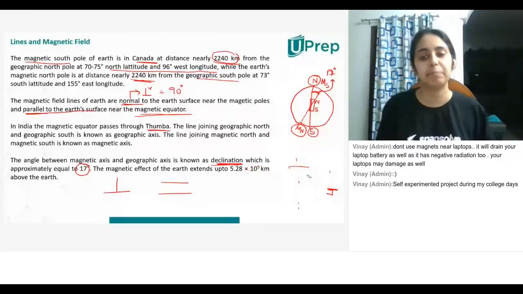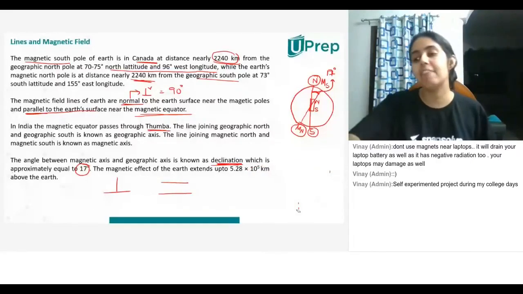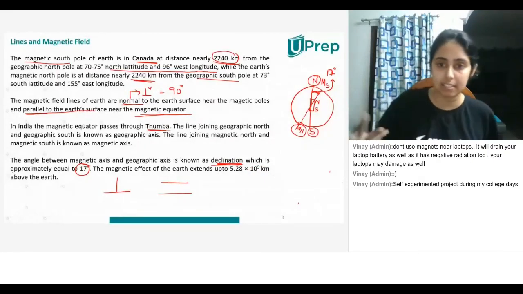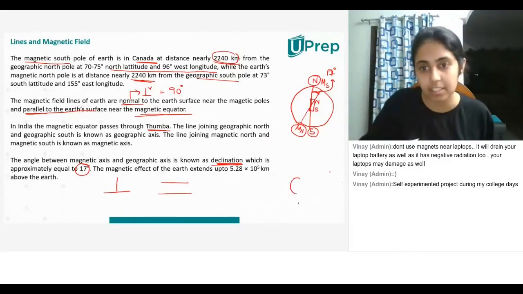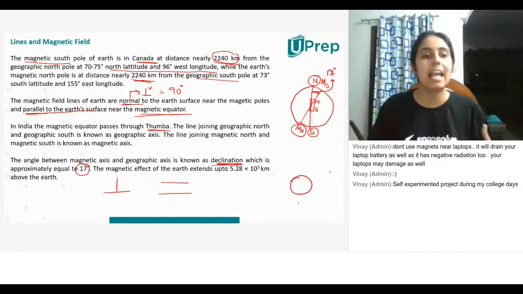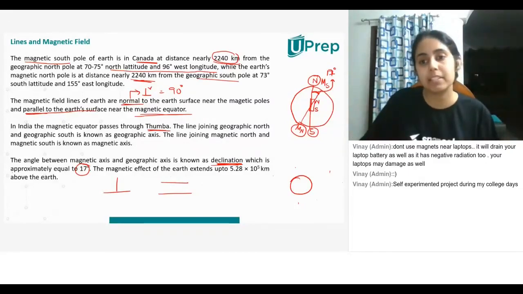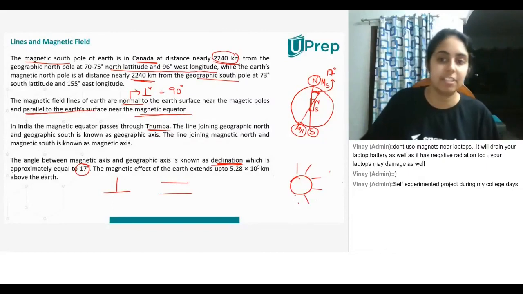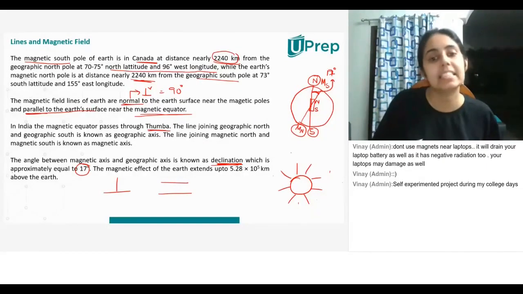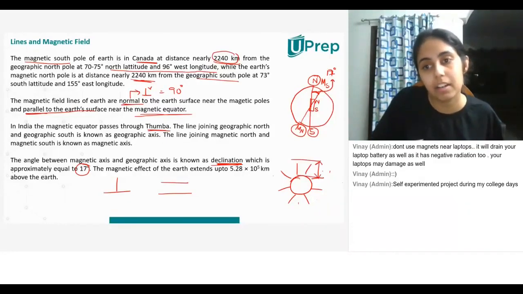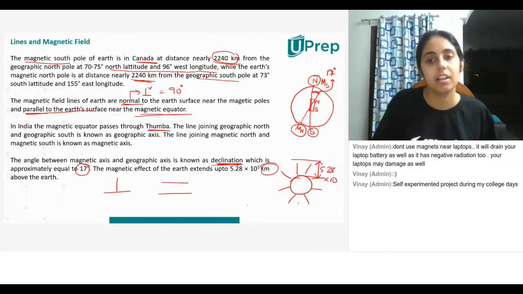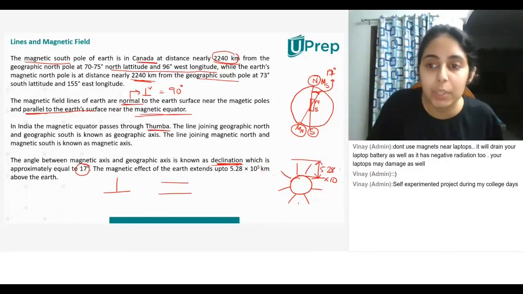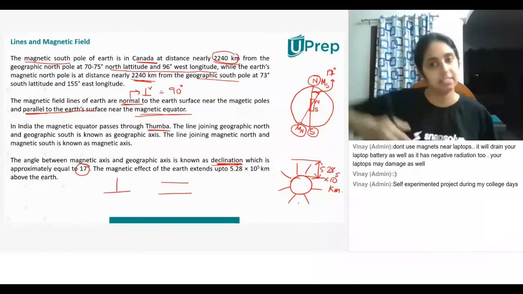So if this is the magnetic field of the Earth, then it extends up to 5.28 into 10 to the power 5 kilometers distance.